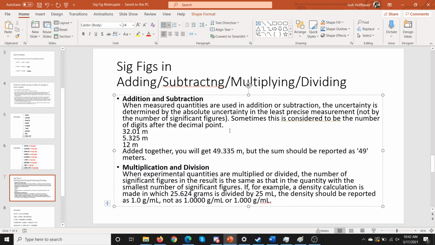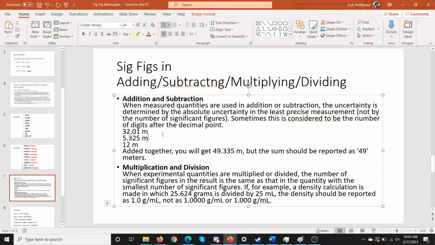Adding and subtracting. We've got 3 sample numbers here. We've got 32.01, 5.325, and 12. When you are adding and subtracting, you actually don't look at the number of significant figures.